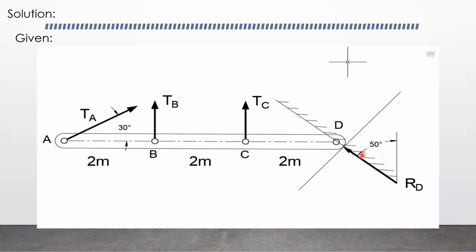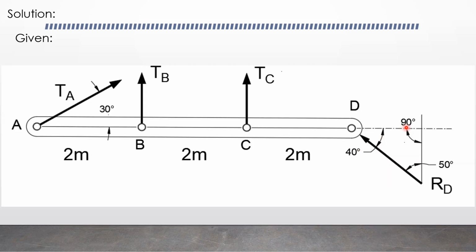When it is 50 degrees, we know that a triangle has a total of 180 degrees. Since we have a 90-degree angle here, the angle of the reaction with reference to the axis of this bar is equal to 40 degrees.